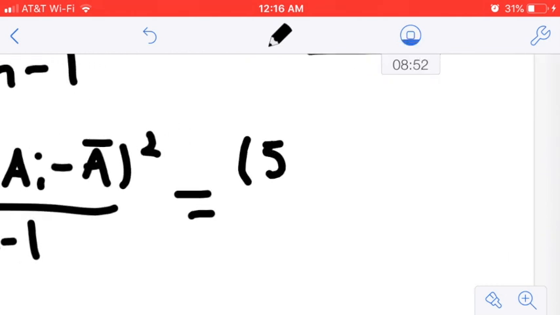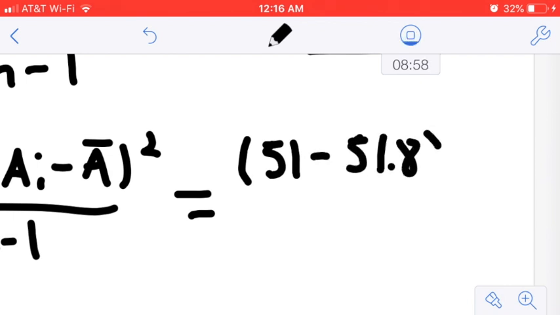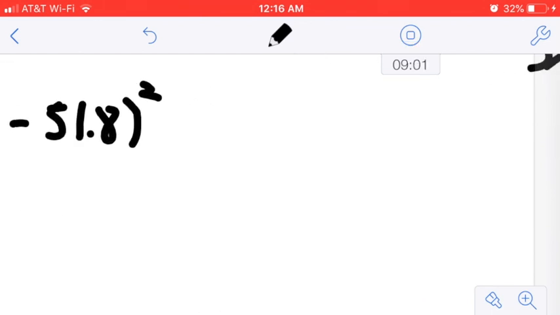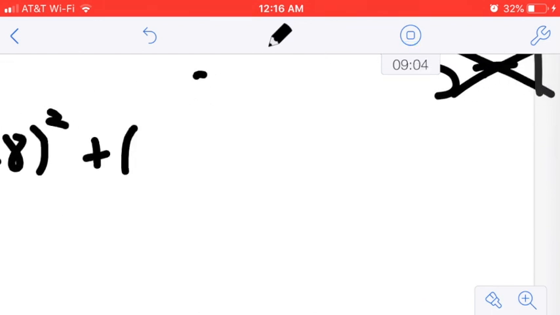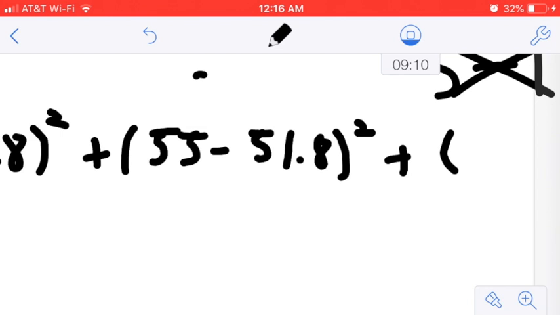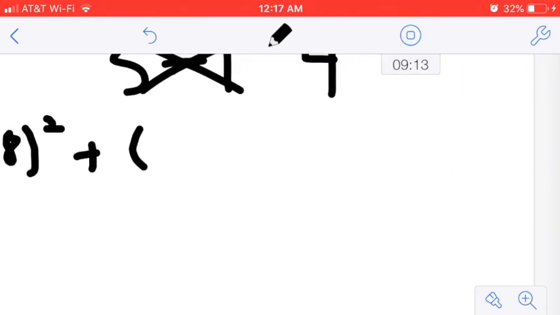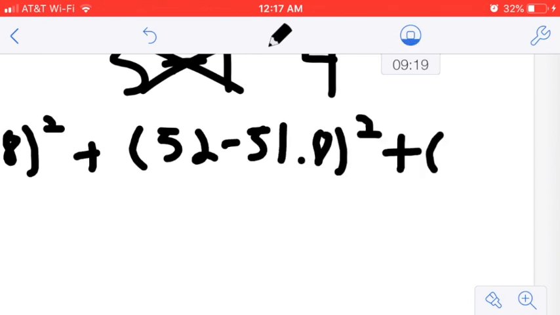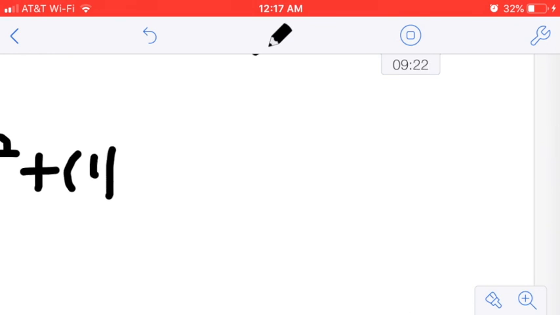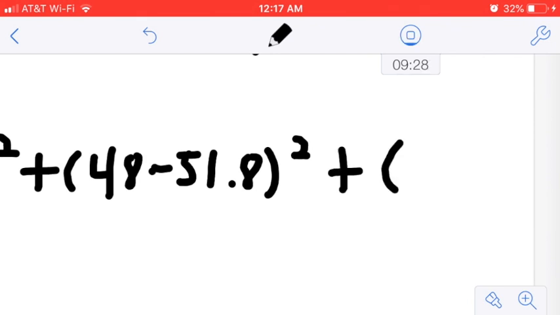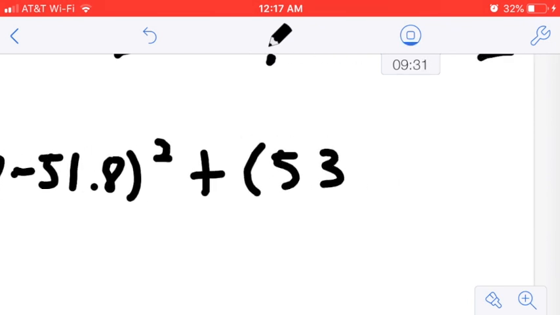So that is 51 minus 51.8 squared plus 55 minus 51.8 squared plus 52 minus 51.8 squared plus 48 minus 51.8 squared plus 53 minus 51.8 squared.